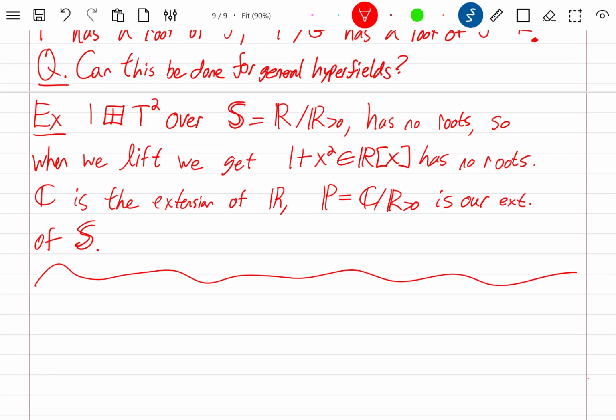And so the goal of this section is to show that if you have an extension of a hyperfield, the minimal extension containing a root is not necessarily unique.